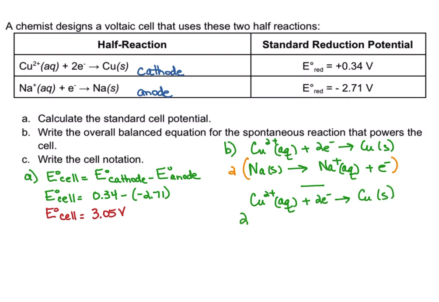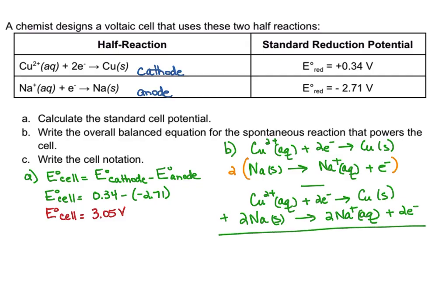But my sodium needs to be multiplied by 2 for every part of that half reaction. Okay, now I can add, and I cancel out anything that appears on opposite ends. So the 2 electrons get canceled out. And now I can just write my overall reaction with phases.